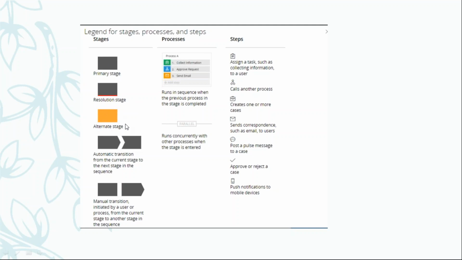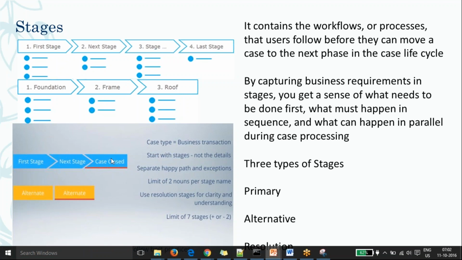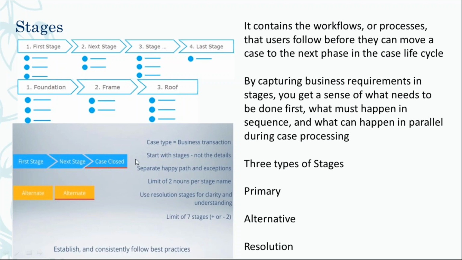The alternate stage is shown in orange color. There are also two ways we can transition from one stage to another. Once all the processes and steps of stage A are completed, it will either move to the next stage, or the case will be closed and there will be no further stages.